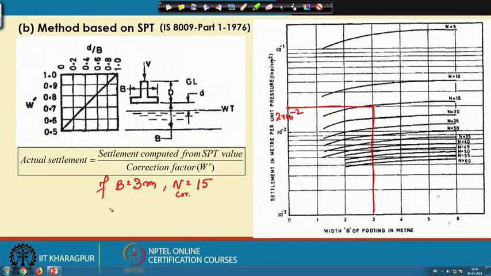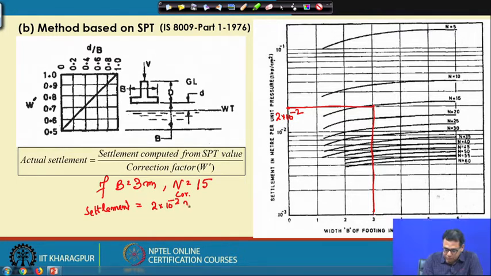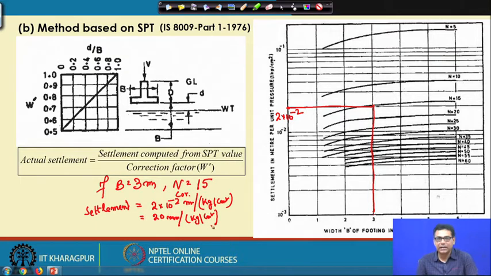So, that means we can say that our settlement will be equal to 2 into 10 to the power minus 2 meter per kg per centimeter square. If you multiply it by 1000, it will be 20 millimeter per kg per centimeter square. So, this kg per centimeter square is the load intensity.